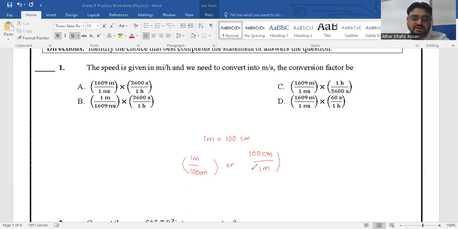Both of these are called conversion factors, and logically these are equal to 1, as the numerator and denominator are the same.